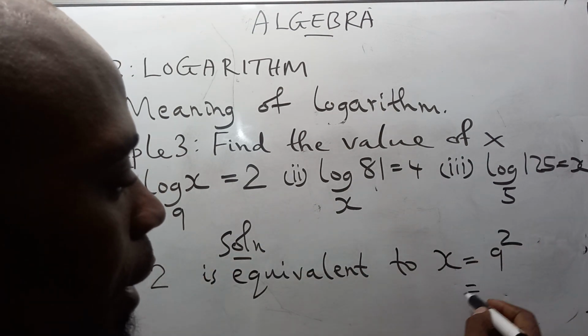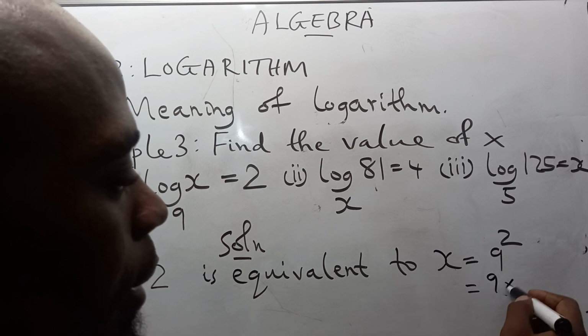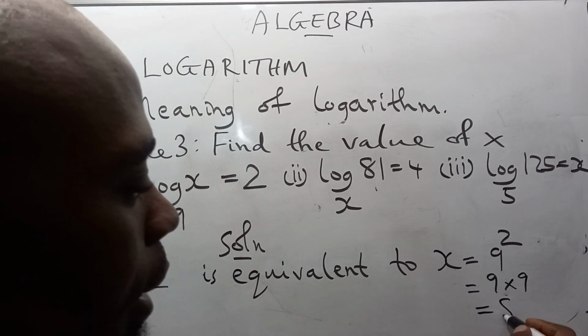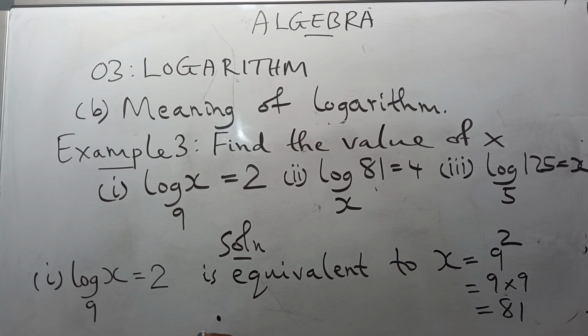This is the same as 9 times 9, which is 81. So the value of x is 81.